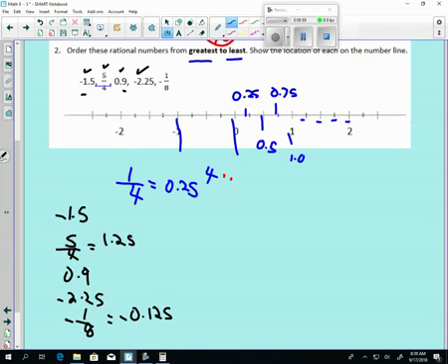We can order them from greatest to least. We start with the greatest number, the biggest number that's a positive. It's 1.25. The next number is 0.9, positive. That's going from biggest to smallest. The next one is going to be minus 0.125.